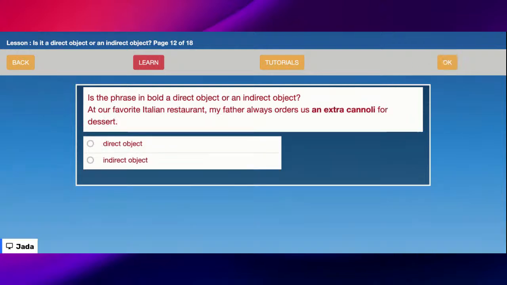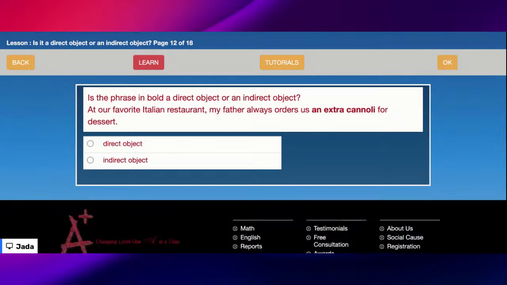Good job, Isabella. At our favorite Italian restaurant, my father always orders us an extra cannoli for dessert.